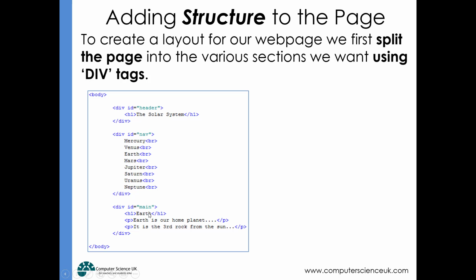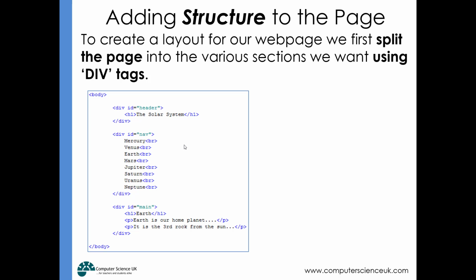Now, yes, I could style the text differently in each of these divisions, but actually what I want is to use some CSS code to rearrange these different divisions so that the nav division is on the left hand side, like a menu bar or navigation bar that you might find on a web page.